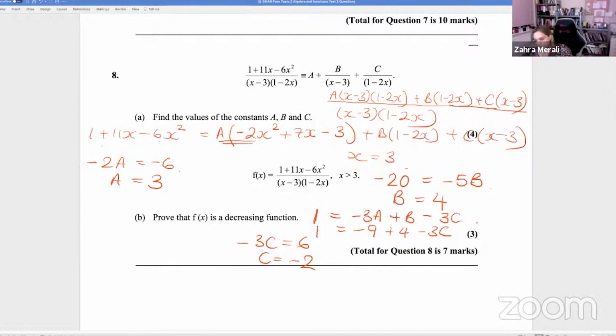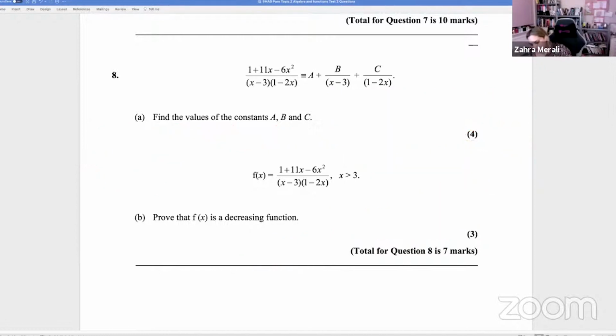Okay, now we're going to prove that it's a decreasing function. However you do partial fractions, this is just me doing it quickly. Now let's put the numbers in and see what we get. We said a was 3, b was 4, and c is minus 2.